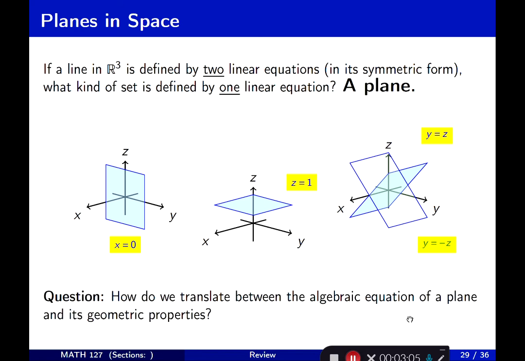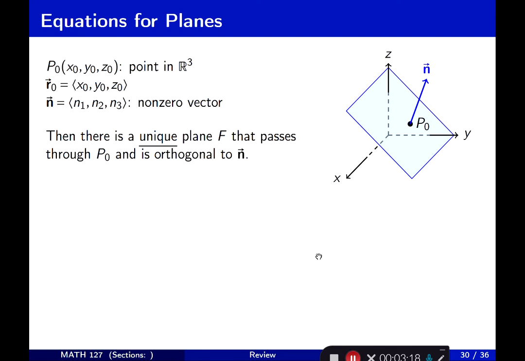So how do we translate between the algebraic equation of a plane and its geometric properties? How do we figure out the equation of a plane? Let's start explaining how this works. When you're talking about the equation of a plane, you want to have a point on the plane and a non-zero vector that is orthogonal to the plane.